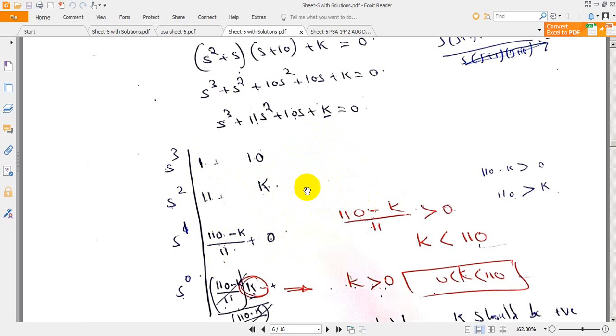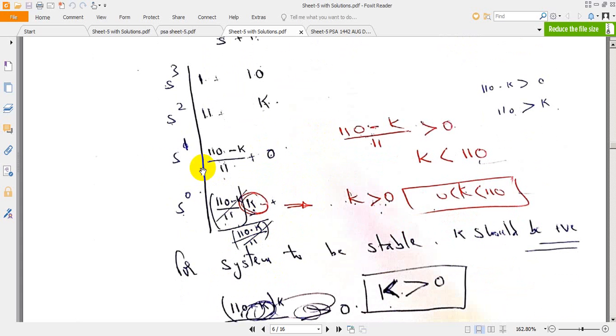K into 0 minus 0 into 10 will be 0, divided by the numerator, 110 minus k by 11. The 110 minus k by 11 will get cancelled, and the remaining will be k. The left out parameter here is k.